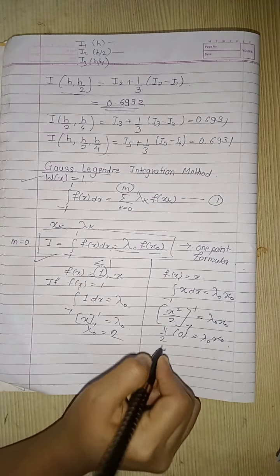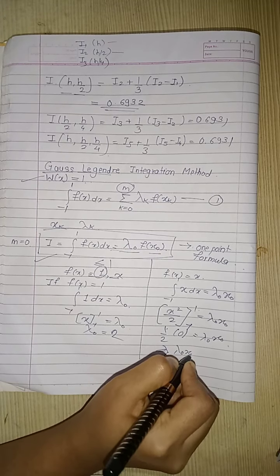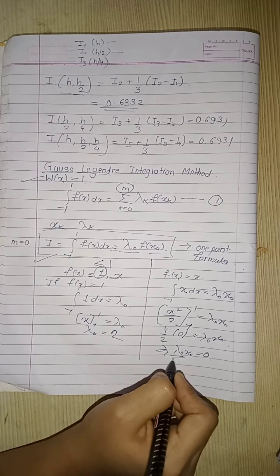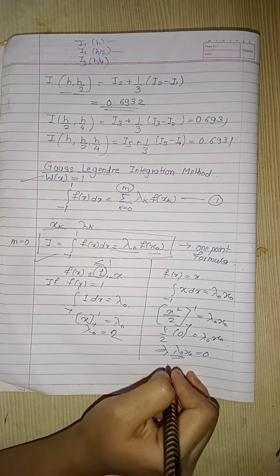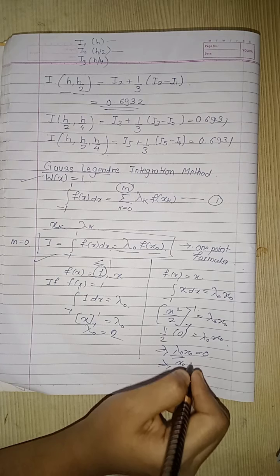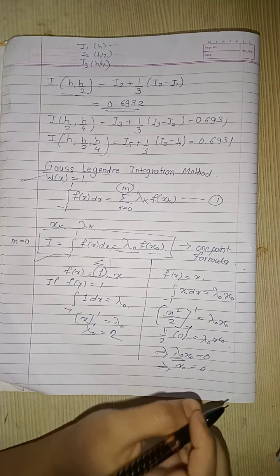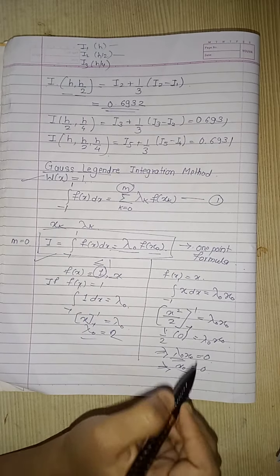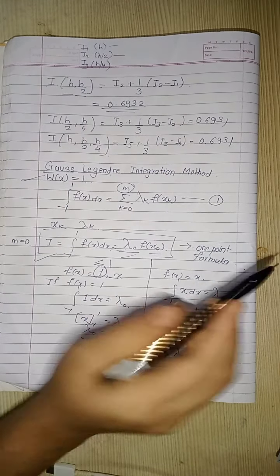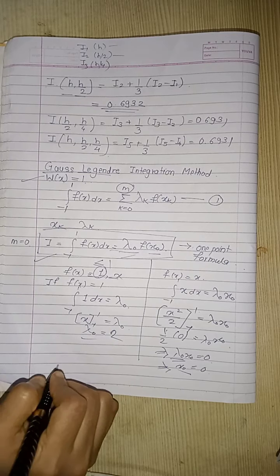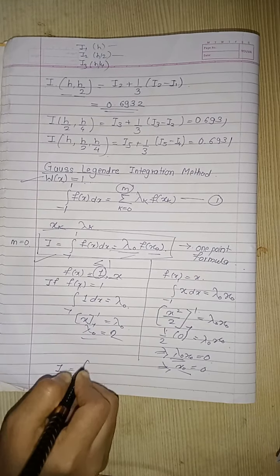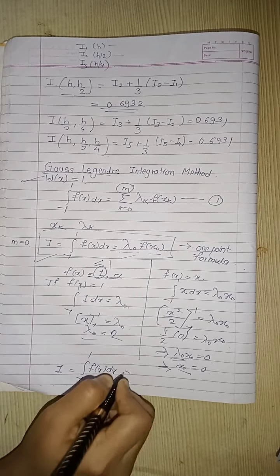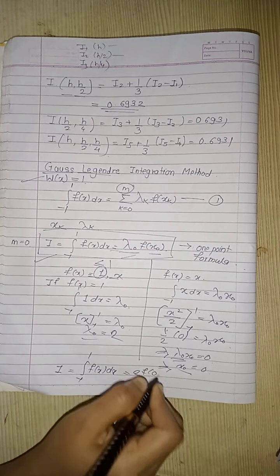So from this you got the value of lambda naught x naught to be 0. And since lambda naught is not equal to 0, we can see that x naught is equal to 0. Okay, so after substituting the values of lambda naught and x naught in this 1-point formula, you'll finally get I equals to integral minus 1 to 1 f of x dx equals to 2 into f of 0.